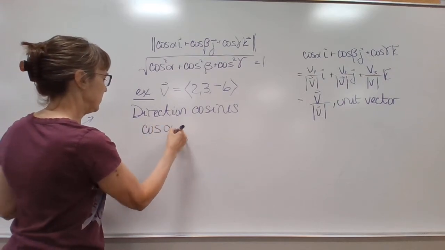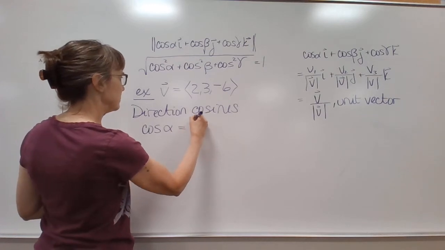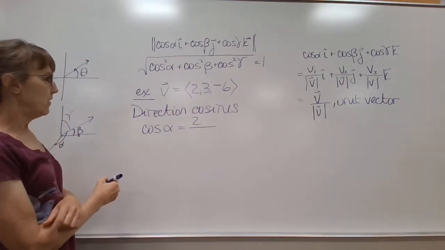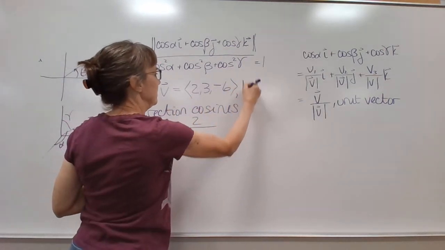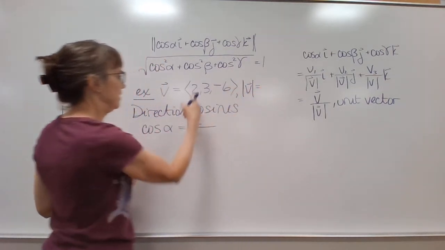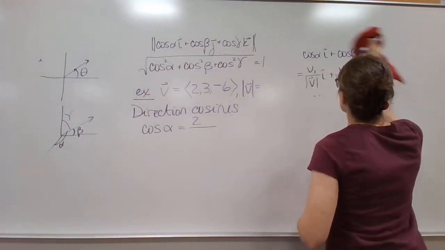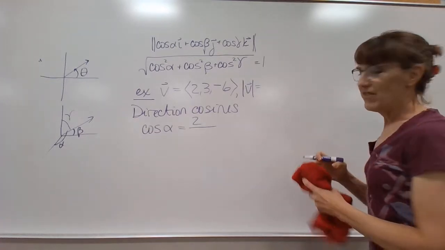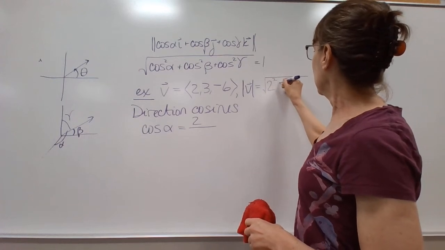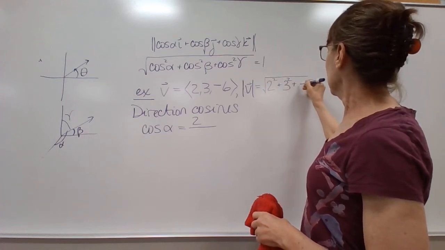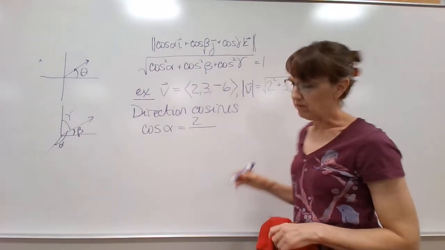I know that cosine of alpha, the angle that that vector makes with the x-axis, is the x component over the magnitude of that vector. Well, let's see. I'm going to have a 4 and a 9 and a 36. And hopefully you have that added up already. I don't, but. Seven? Wow. Sure is.